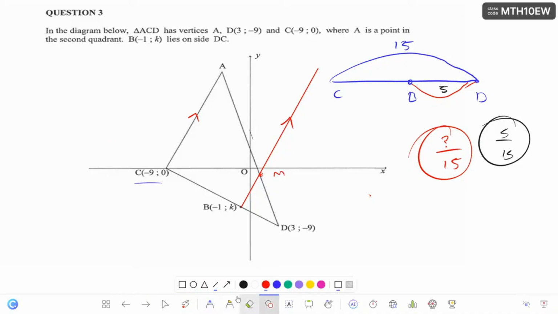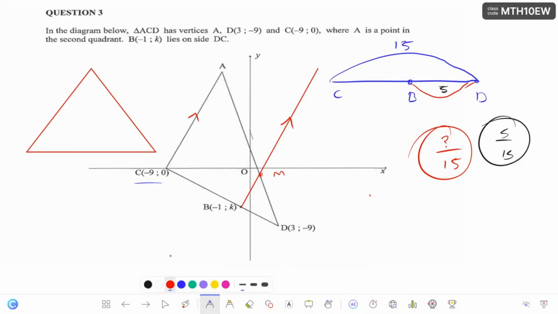So we have a triangle here. Let me try to sketch this thing. It's not going to be any good sketch, but okay, let me try. So here is the triangle, and they said these lines are parallel to each other.